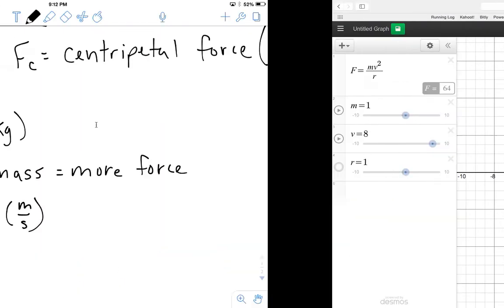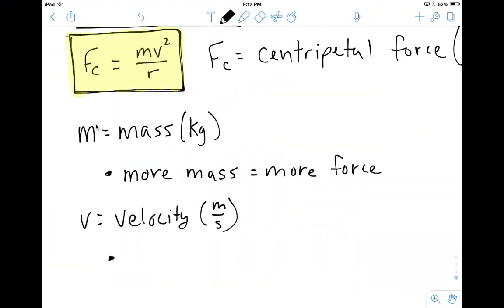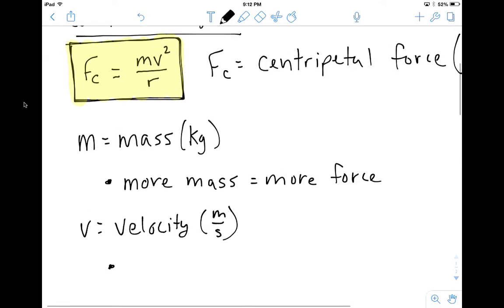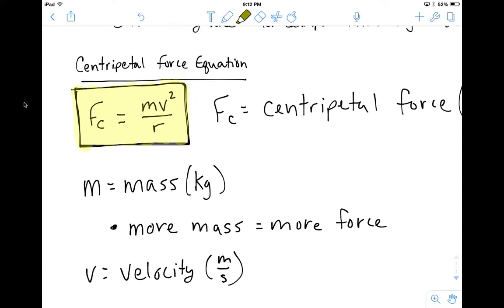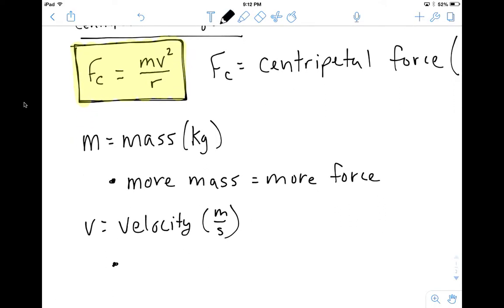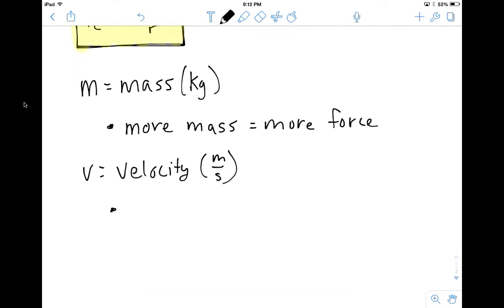And here's why that happens. Some of you guys that are in, say, Algebra 2, you might recognize this. You guys see this squared right there? Well, because of that squared, that means that velocity has a bigger impact than mass does.